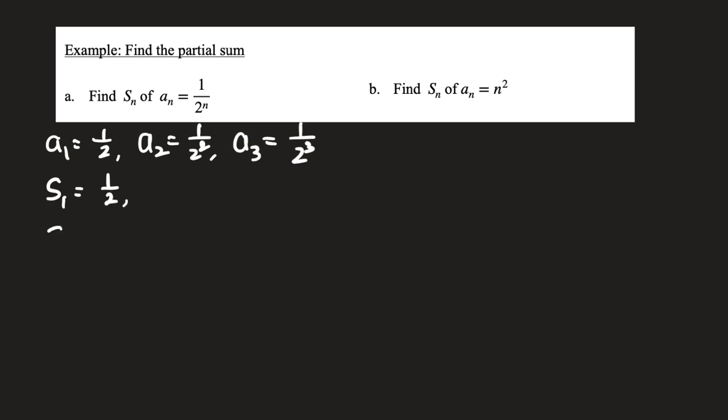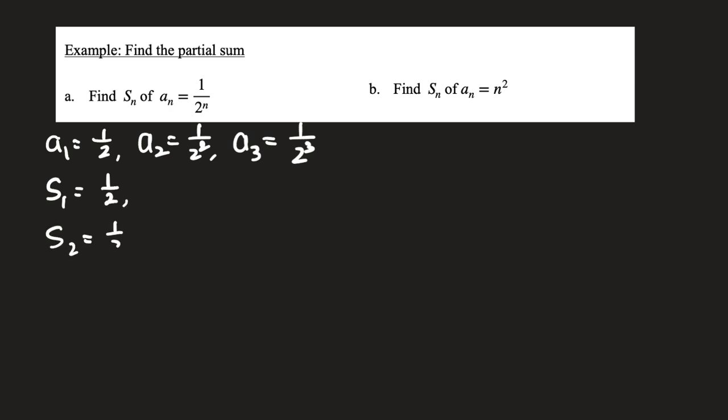So I give the sequence, and we're going to find the general term of the partial sum. Before we find the general Sn, let's find S1, S2, and S3. Let's find the first three terms, then find the general term of the partial sum. A1 is 1 over 2, A2 is 1 over 2 squared, A3 is 1 over 2 cubed. That's the sequence. S1 is 1 over 2.